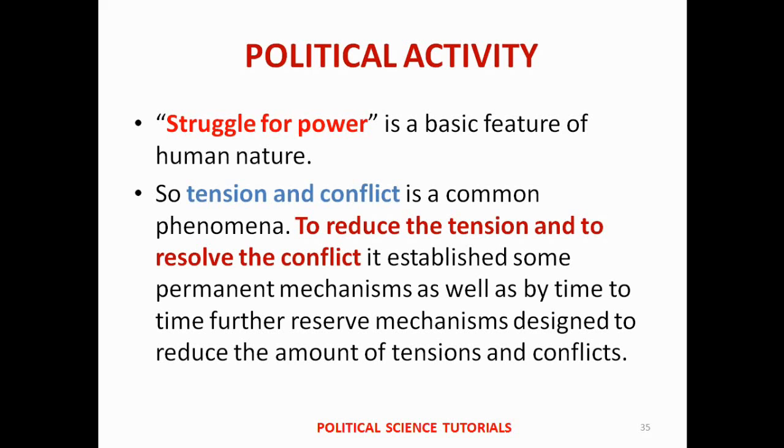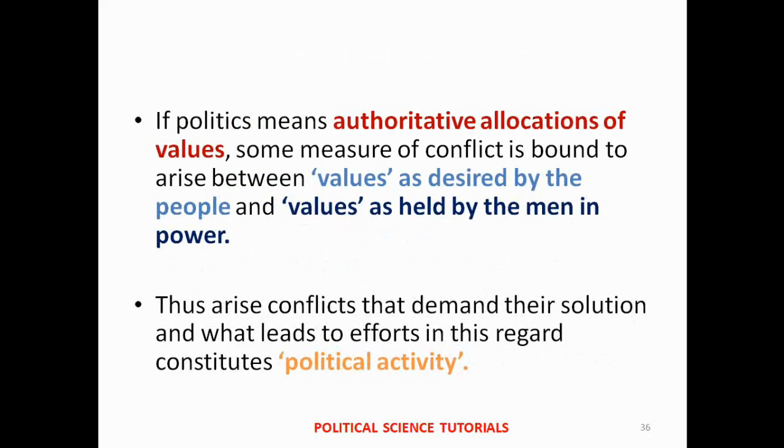Here the center point mainly is a political system. So when in any political system conflict occurs regarding the distribution, it needs the authority's role to reduce the tension and resolve the conflict. There are some permanent mechanisms in a political system to reduce the conflict, but also some further reserve mechanisms designed to reduce the amount of tensions and conflicts.